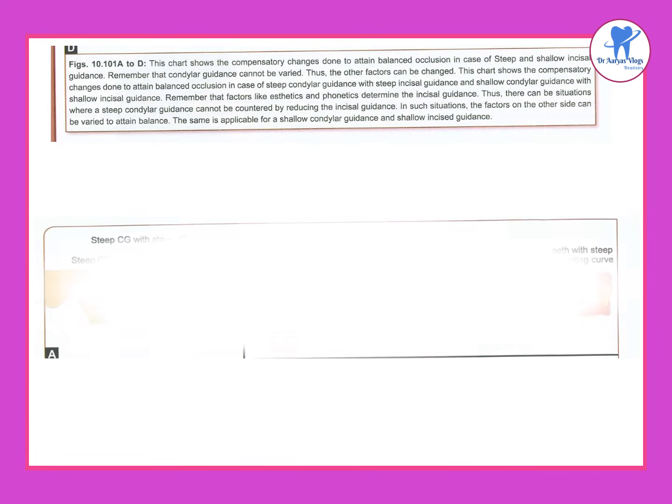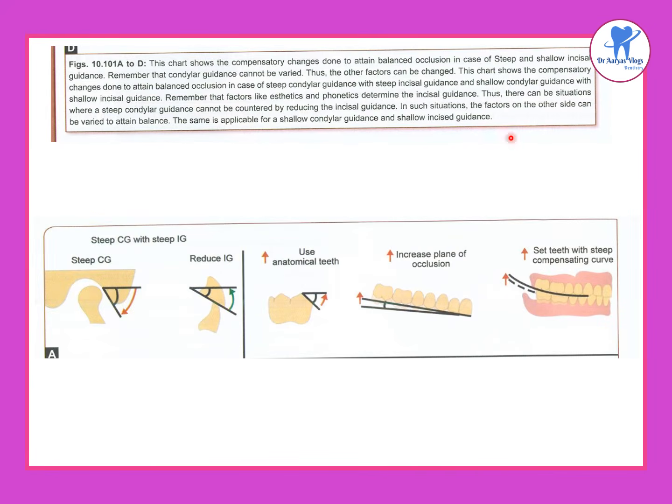Coming to this chart, it shows the compensatory changes done to attain balanced occlusion in case of steep and shallow incisal guidance. So here the steep condylar guidance with steep incisal guidance: reduce incisal guidance, use anatomical teeth, increase the plane of occlusion and set teeth with the steep compensating curve.